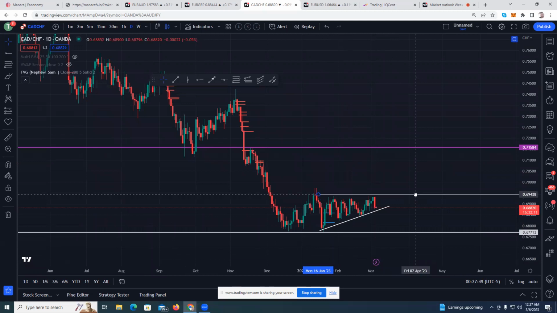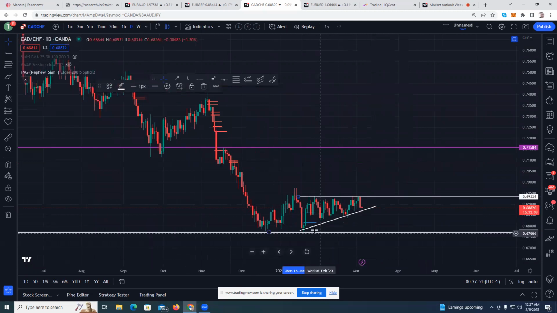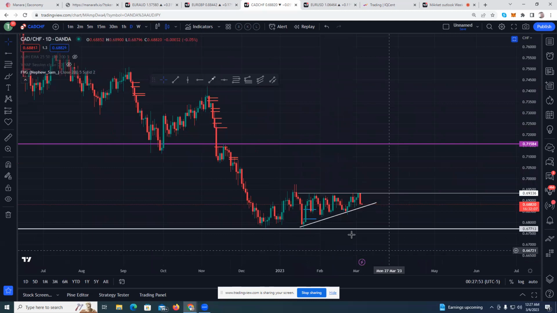Highlight this. Okay. We have price action on the daily time frame creating higher lows and equal highs.